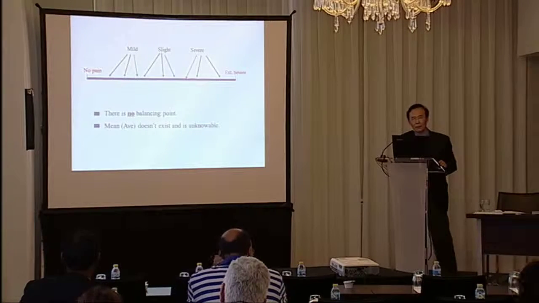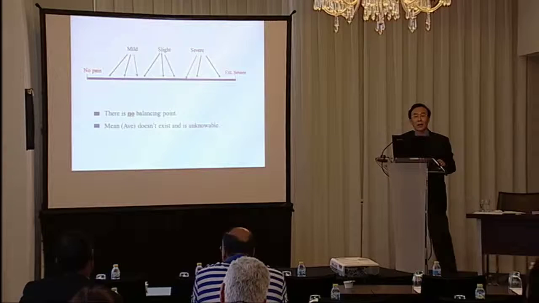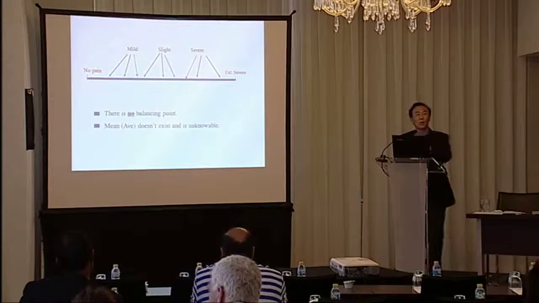And the right-hand point, of course, is marked with extremely severe pain. Now you have three categories: mild pain, slight pain, and severe pain. We know that mild pain is more pain than no pain, but less pain than slight pain. But we don't know exactly where we should be marking the mild pain, because it cannot be quantified. We don't know how much more pain mild pain is than no pain.